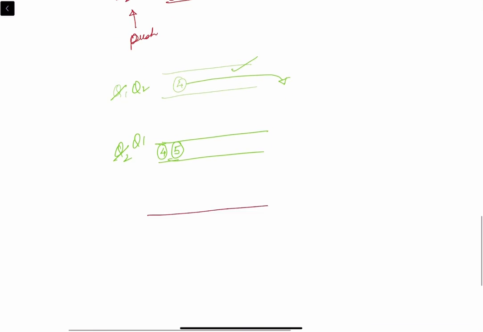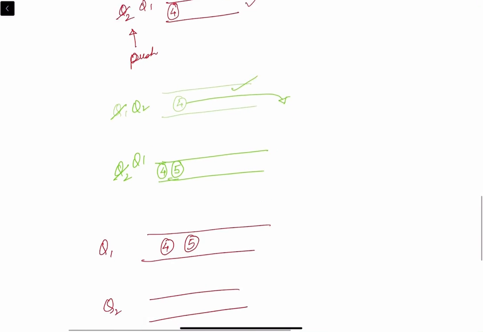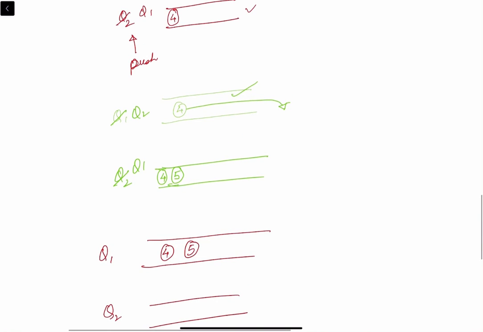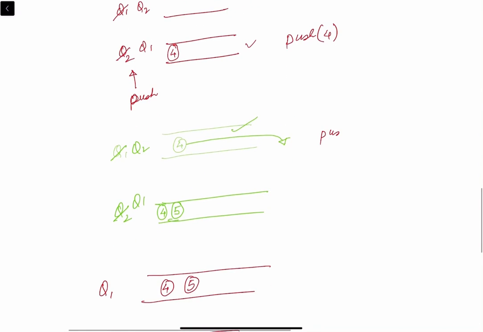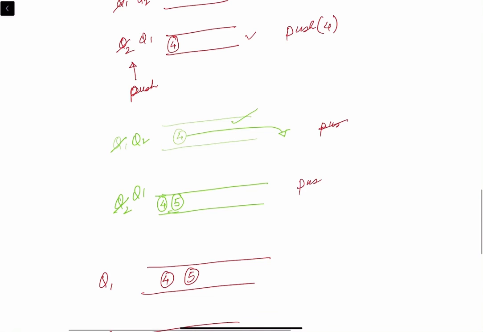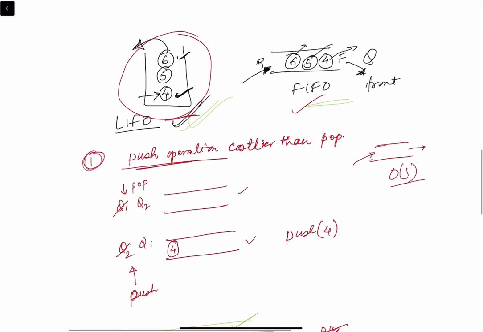In the next iteration, Q1 has element 5, then 4, and Q2 is empty. Again, as I said, push will be done in Q2 and pop will be done in Q1. And till now we are doing only push. Here it was push 4, here it was push 5 in terms of a stack. Here it is going to be push 6.